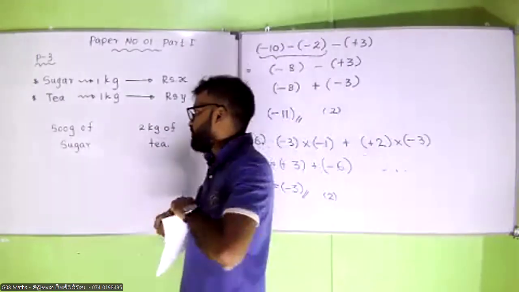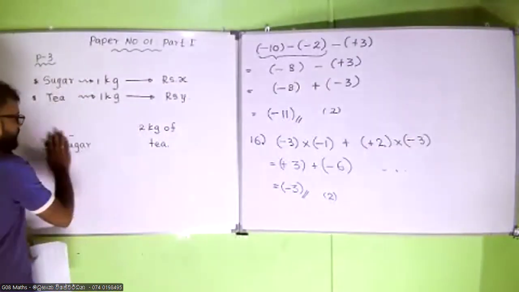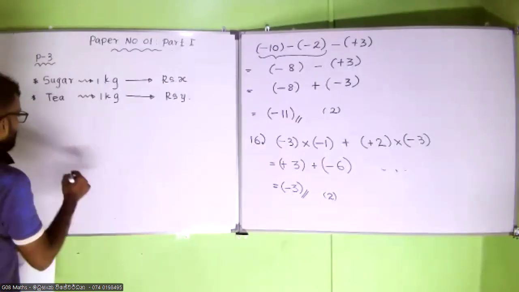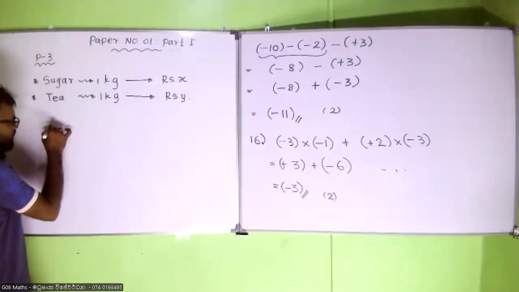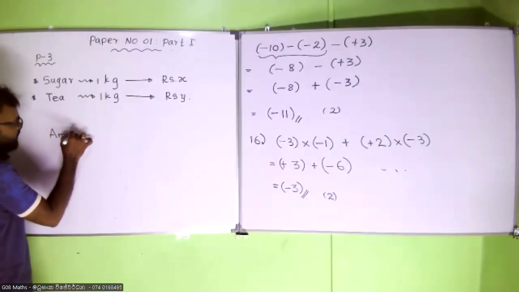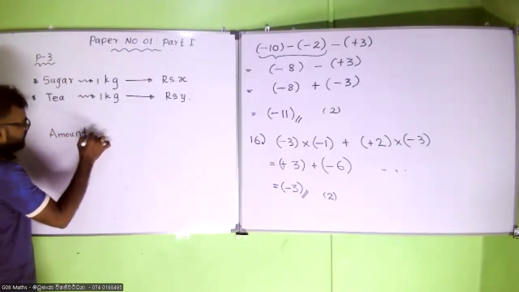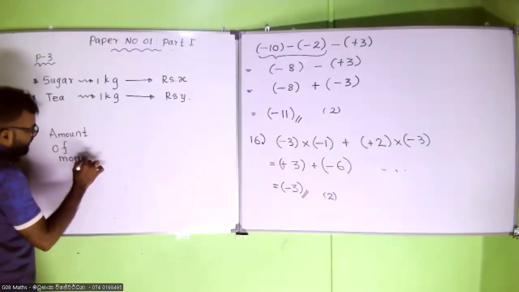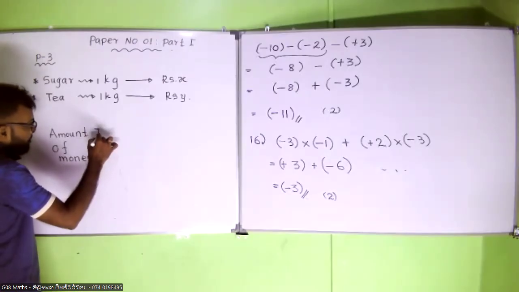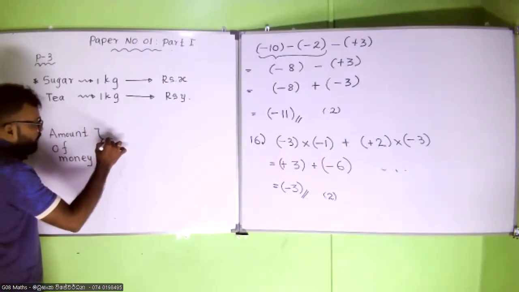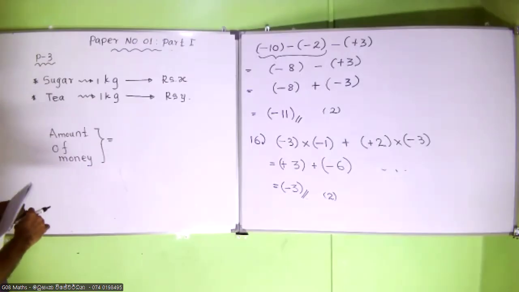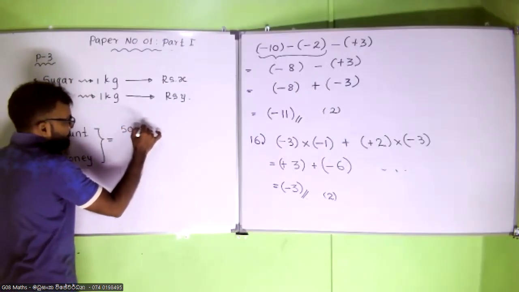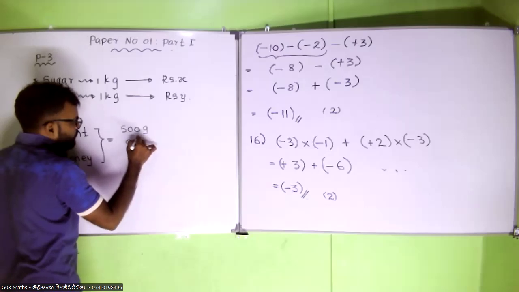Now, first of all, I will write this as an expression. The amount of money we are going to find, to buy what? 500 grams of sugar.